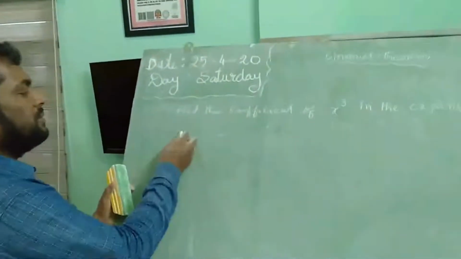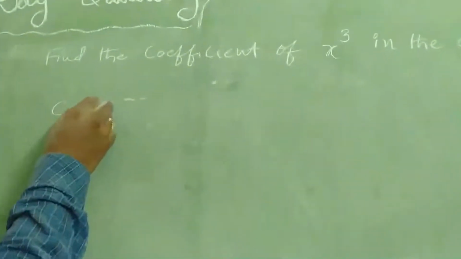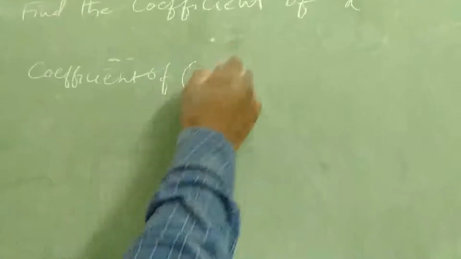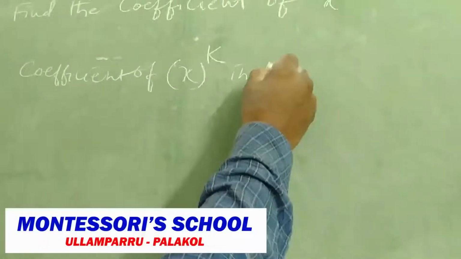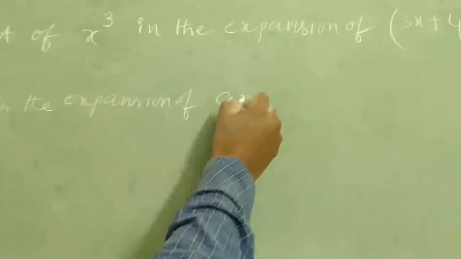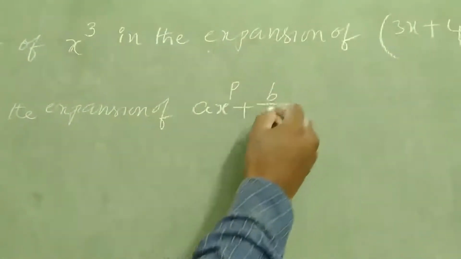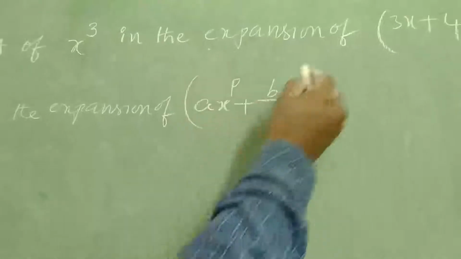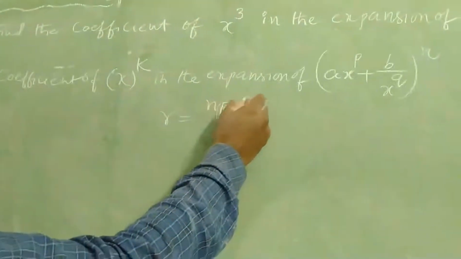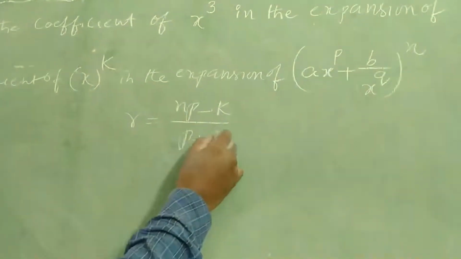Whenever you want to find the coefficient of x to the power of k in the expansion of (a x to the power of p plus b by x to the power of q) whole to the power of n, the r value is (np minus k) by (p plus q).